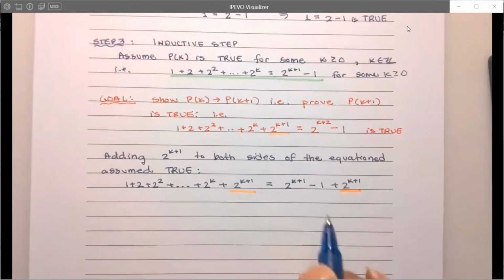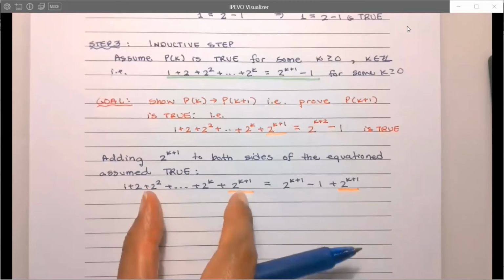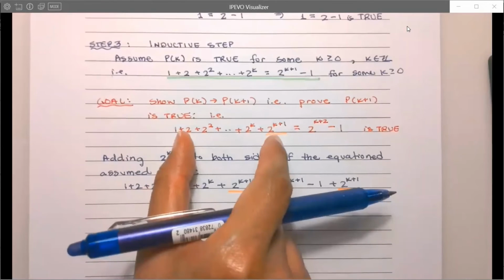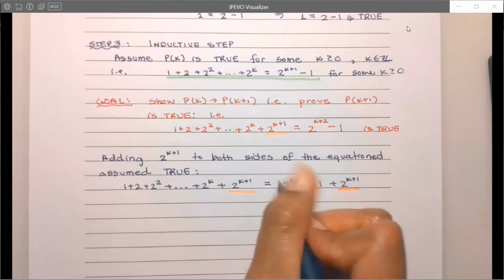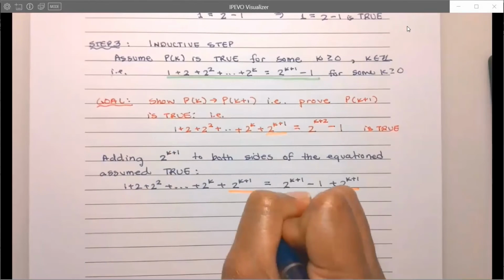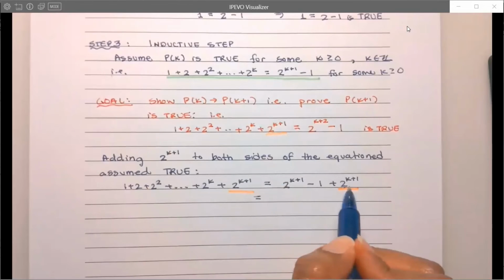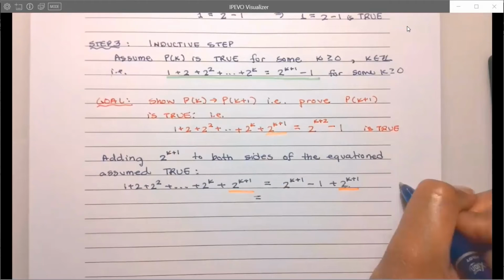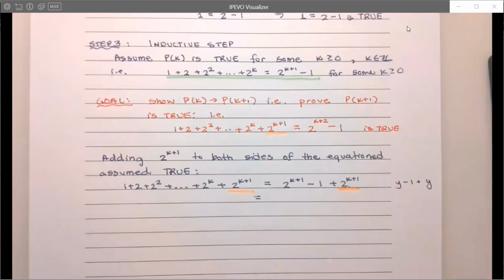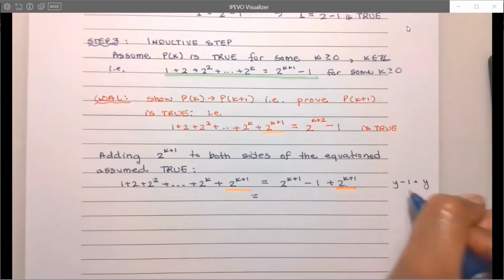Now if we try to simplify the left-hand side, there's nothing more that we can do. It already looks like the goal, but the right-hand side needs a little bit of simplification. So I'm going to add these two terms together because they are like terms. This is kind of like having y minus 1 plus y. If we had an expression like this, we would say that's 2 times y minus 1.